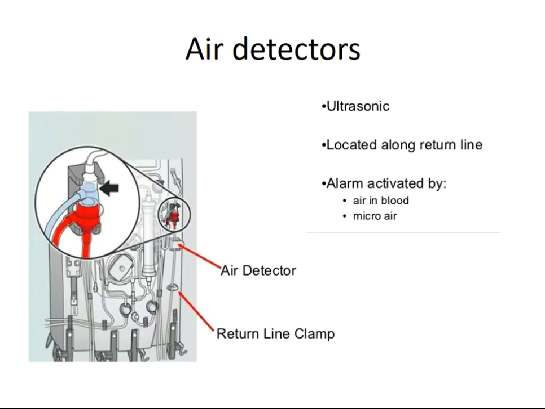The air detector on the terminal part of the venous line is located along the return line and is activated by air in the blood and microemboli.